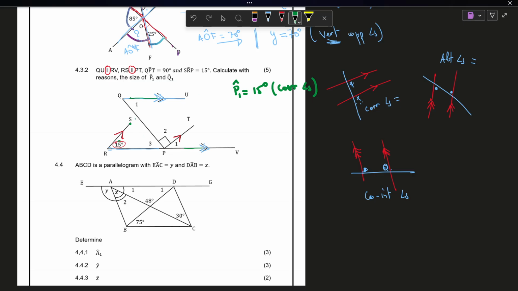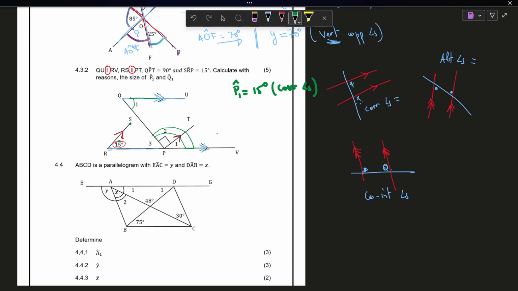We can see that this angle Q1, and P2 plus P1. So Q1 and P2 plus P1 are co-interior, right?